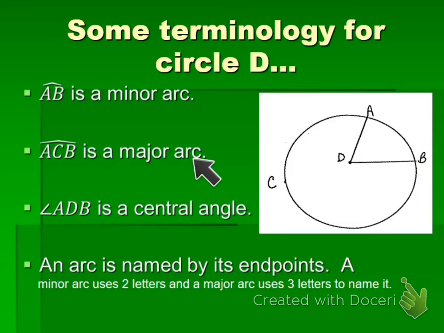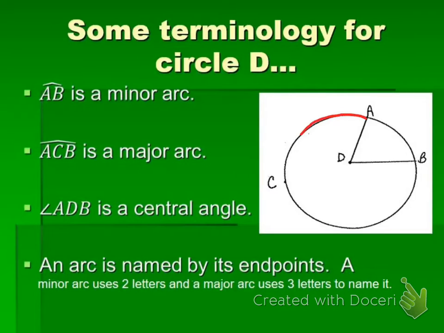Arc ACB, which means we start at point A on the circle, we have to pass through point C on the circle, and then end at point B. That is called a major arc because it is more than half of our circumference.